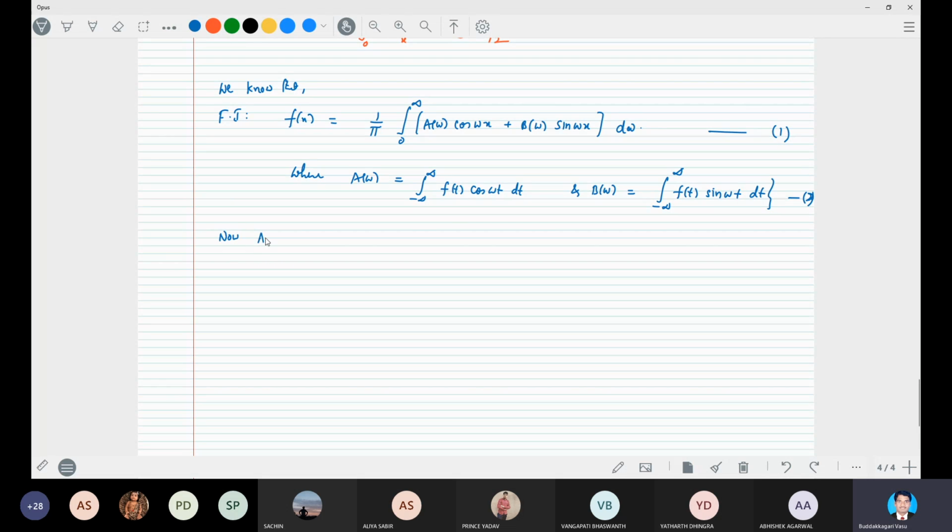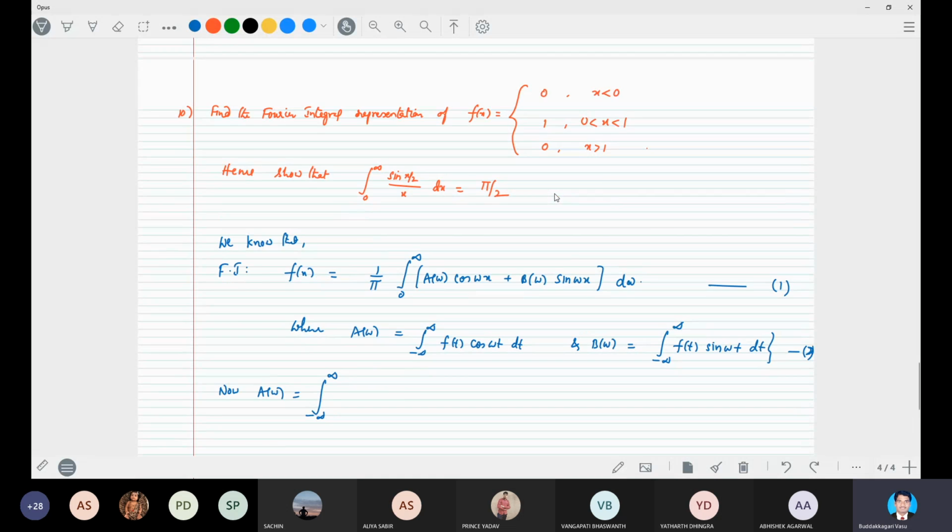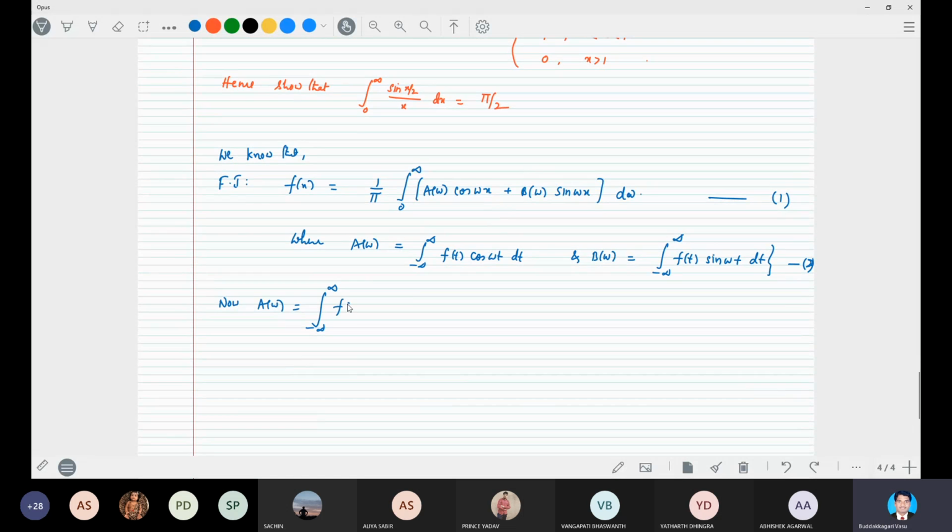Now we will calculate a(omega). We know the integral from minus infinity to infinity, what is f(t)? The given function, right? For all values of t or for all values of x, it is given.